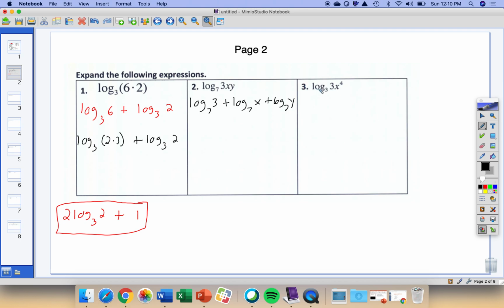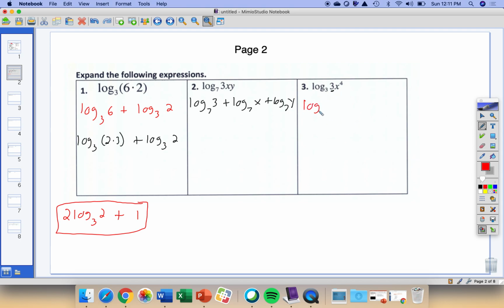Number 3 is log base 3 of 3 times x to the 4th. Now, the 3 is not being raised to the 4th power. So I cannot bring this 4 out in front because this 3 is not being raised to the 4th power. So the first thing I would want to do is split this up.